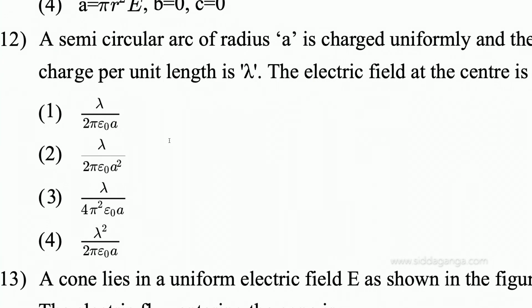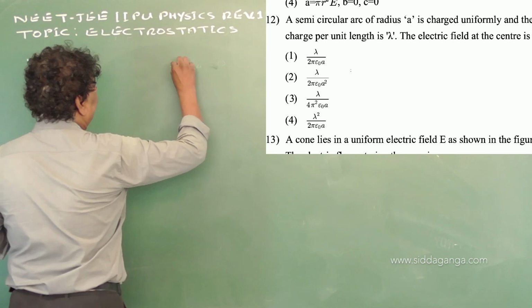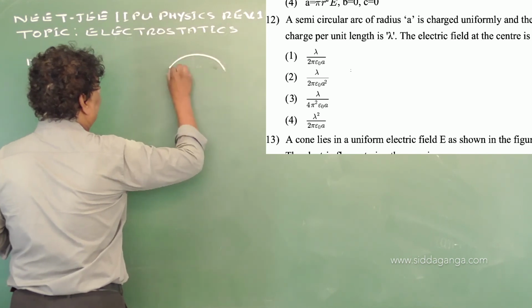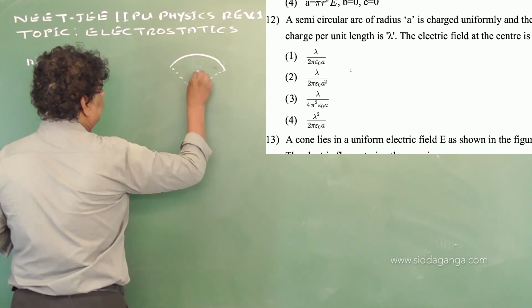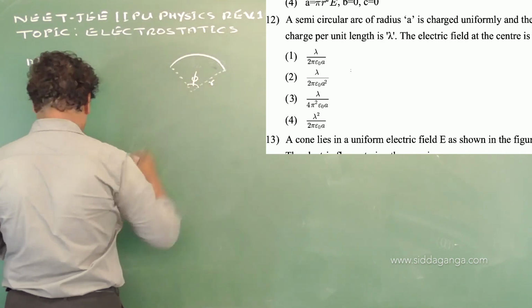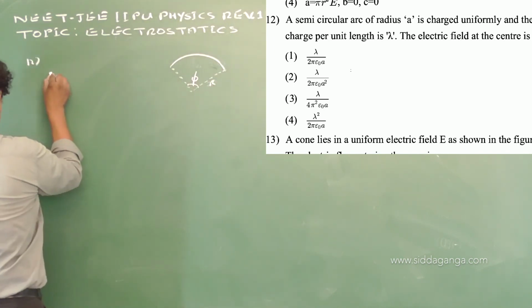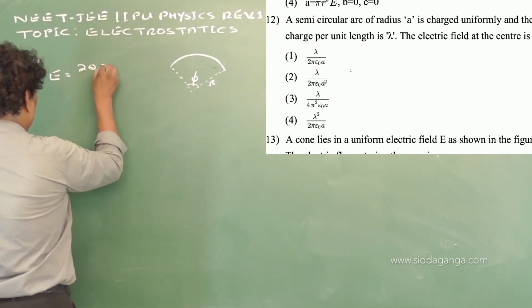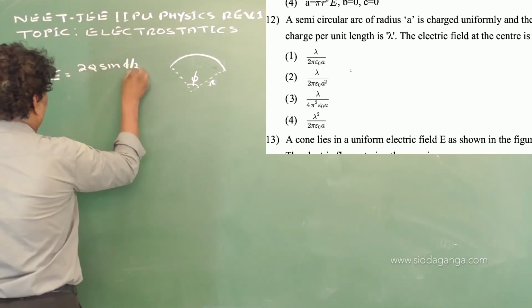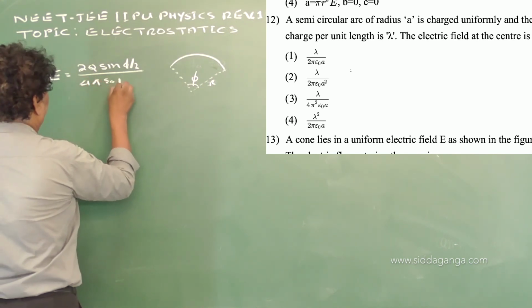Now, at the center of an arc in the line distribution, with angle phi and radius r, the electric field at the center is 2q sin(phi/2) divided by 4 pi epsilon naught r square into phi.